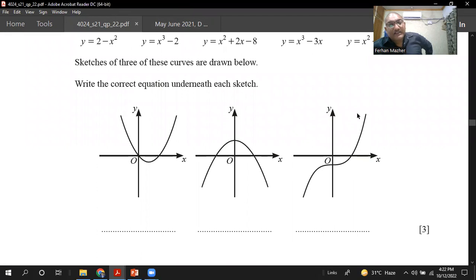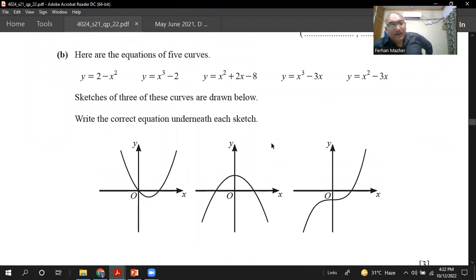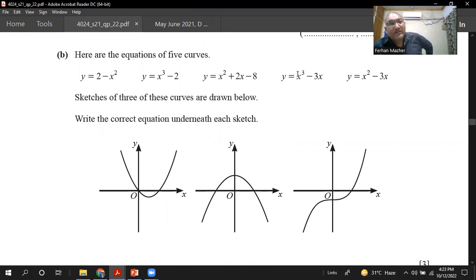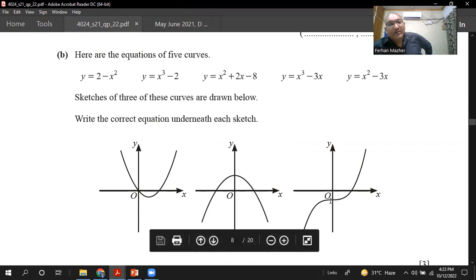Okay, this one is a cubic equation, 100% cubic, and if the x is 0, the y is a negative number. This is a cubic equation, this is a cubic equation. If I put x equals 0 in this equation, the y is also 0. But here, when the x is 0, the y is not 0. So it is negative something.